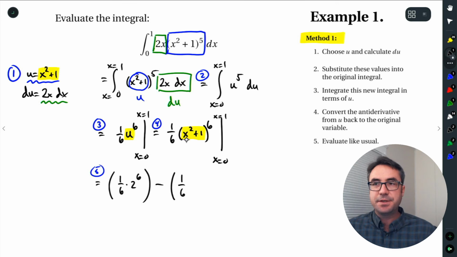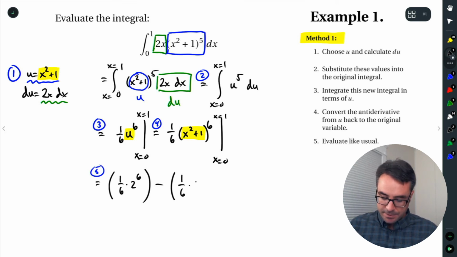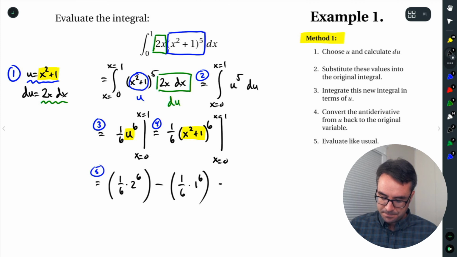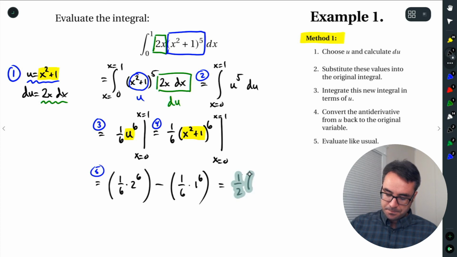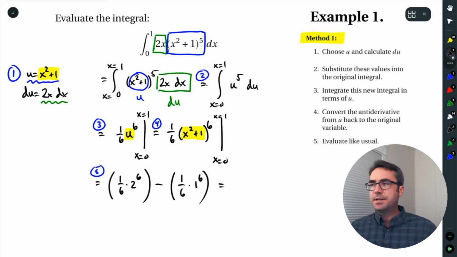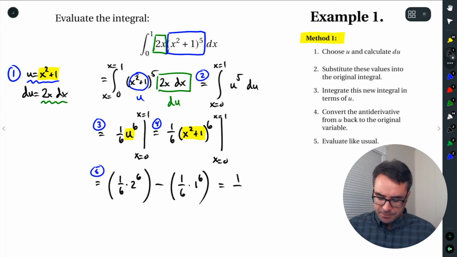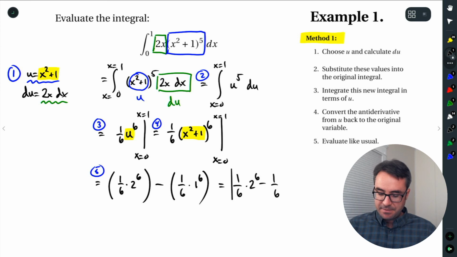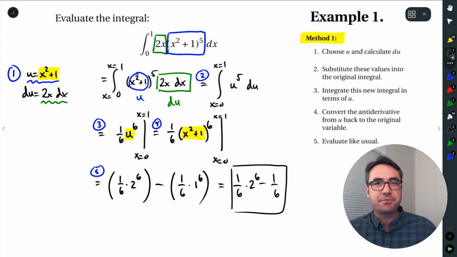When we plug 0 in, we get a 1 over 6 in front, but then 0 plus 1, so we get 1 raised to the power 6. If we wanted to, we could simplify this a little. Maybe the only thing we do here is 1 over 6 times 2 to the power 6 minus 1 over 6. We could simplify that further, but that's fine. We could stop there.